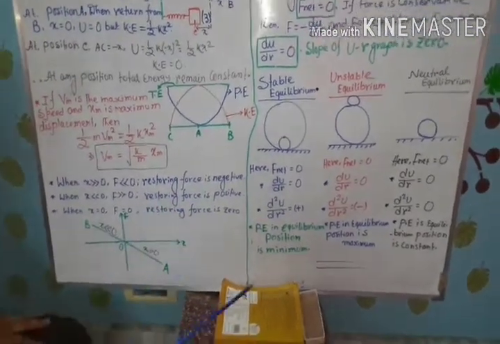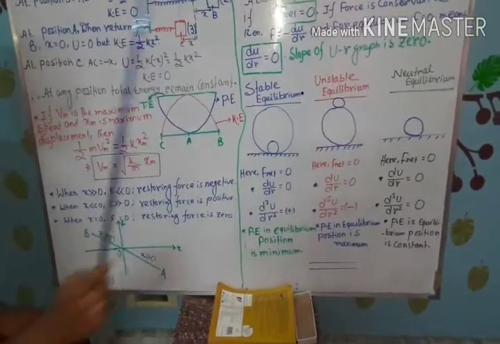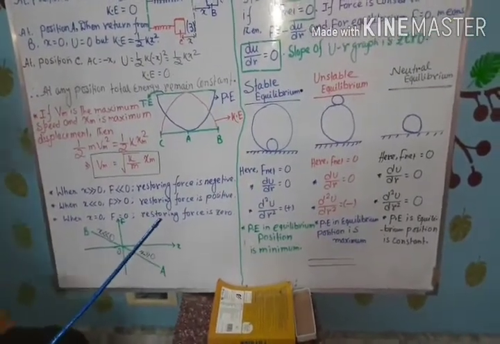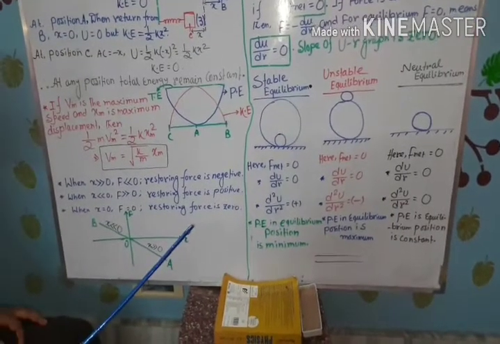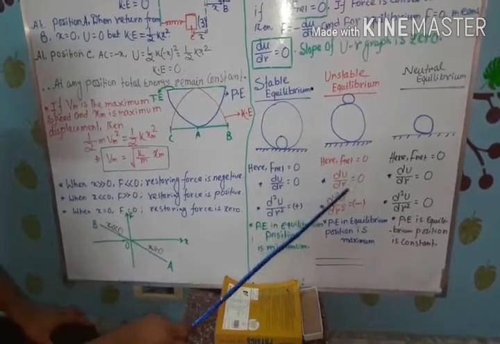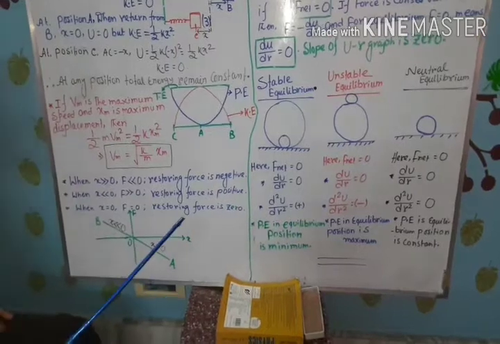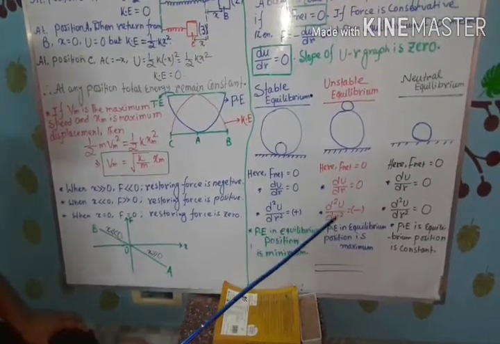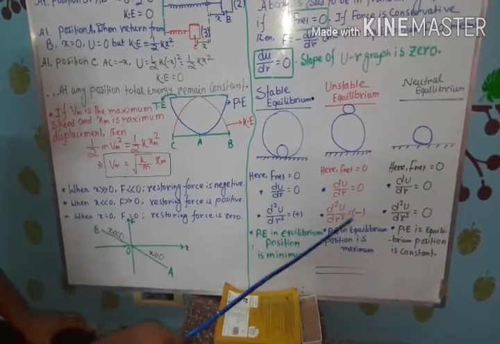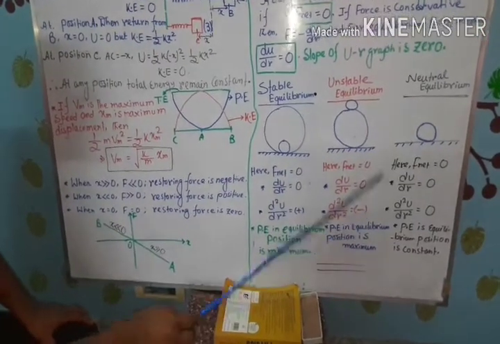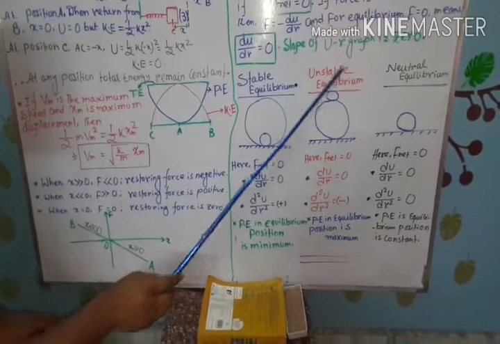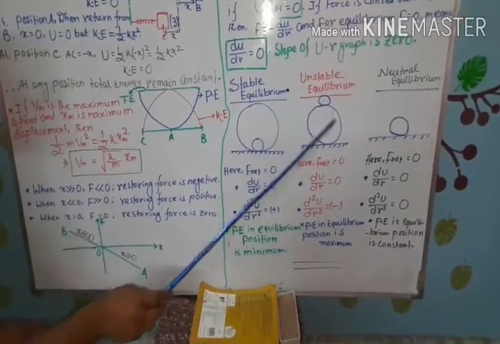Now see the situation of unstable equilibrium. Here also the net external force is 0, dU by dr is equal to 0, and d2U by dr2, that is the double differentiation of potential energy with respect to position, is negative, and in the equilibrium position the potential energy is maximum.